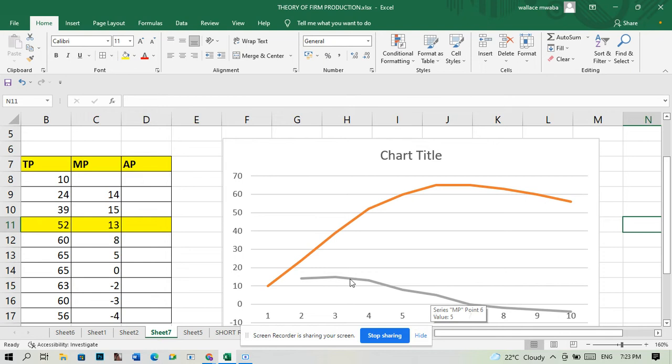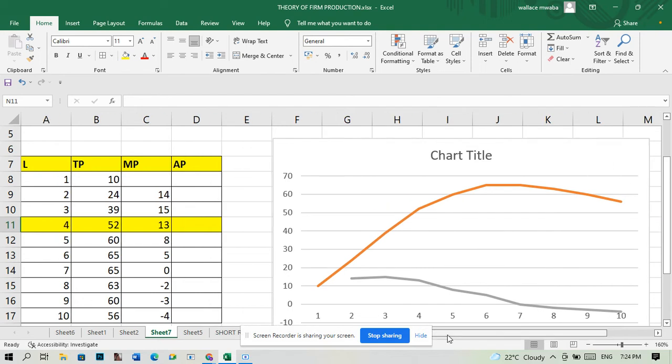This gray line here is our marginal product, and the orange line is the total product. Now, the relationship between the total product and the marginal product is that when marginal product is increasing, total product increases at an increasing rate.